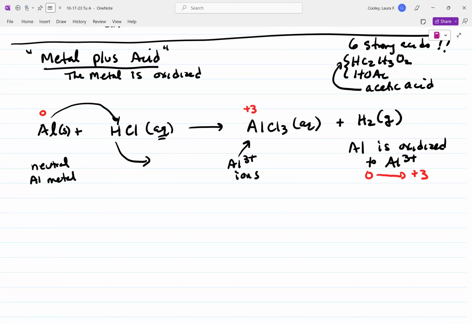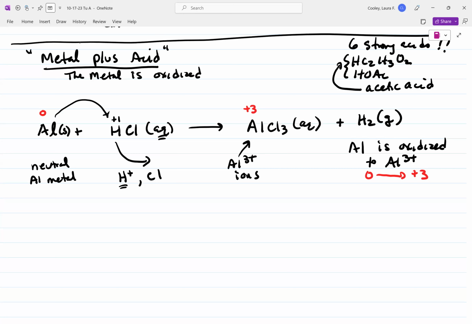In water, what is the charge on this hydrogen? It dissociates, remember, right? So you have H+ and Cl-. So this hydrogen here has a +1 charge because of the hydrogen ion here.